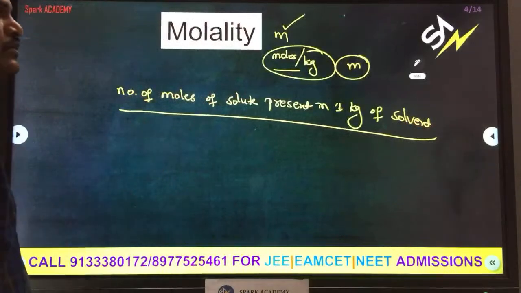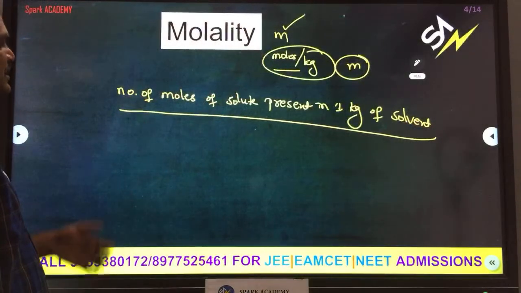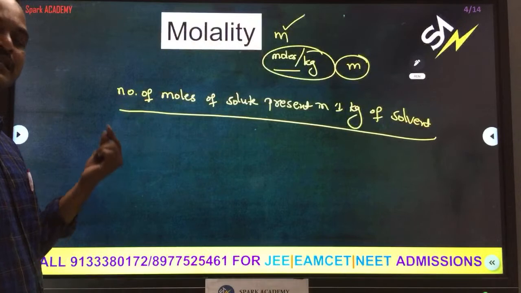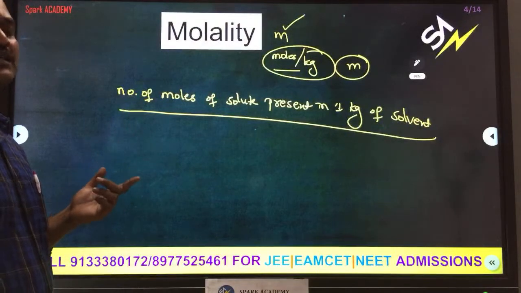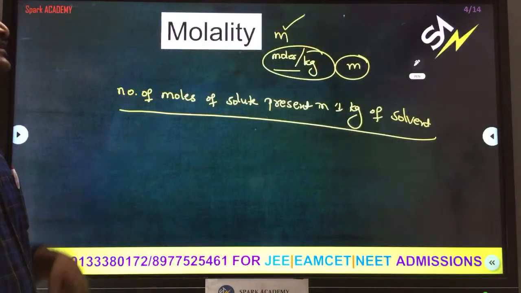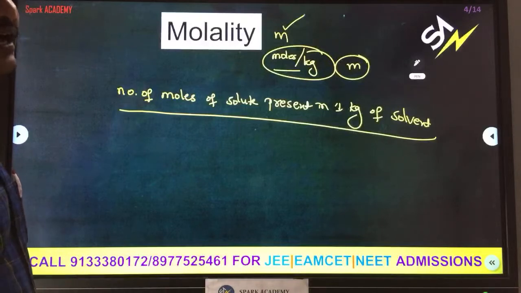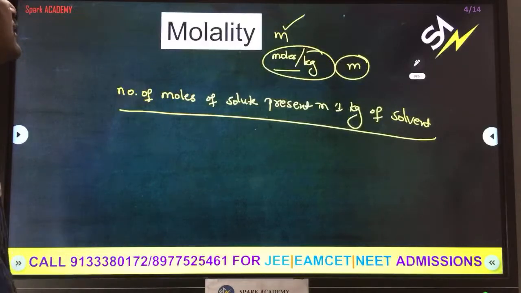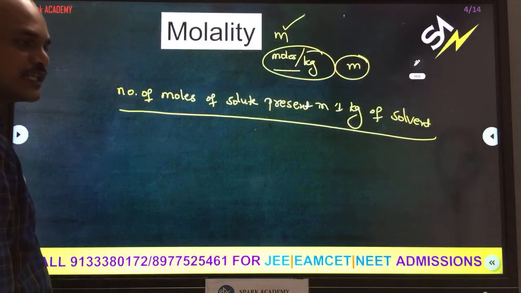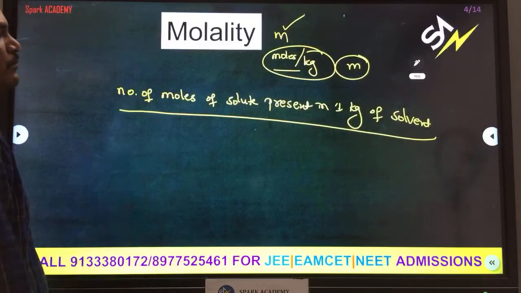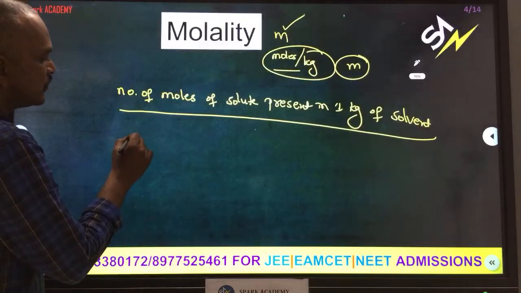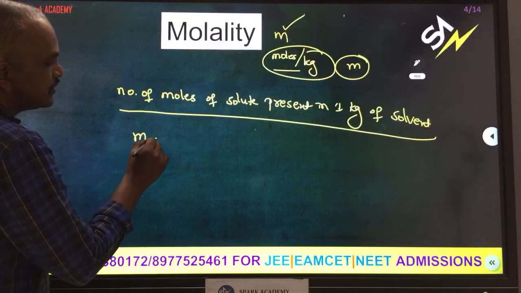Understood? 1 kilogram of solvent. This definition is right. But it is only used for the concept; at the competitive level or in the calculation part it is not useful. What is useful then? Only the formula.